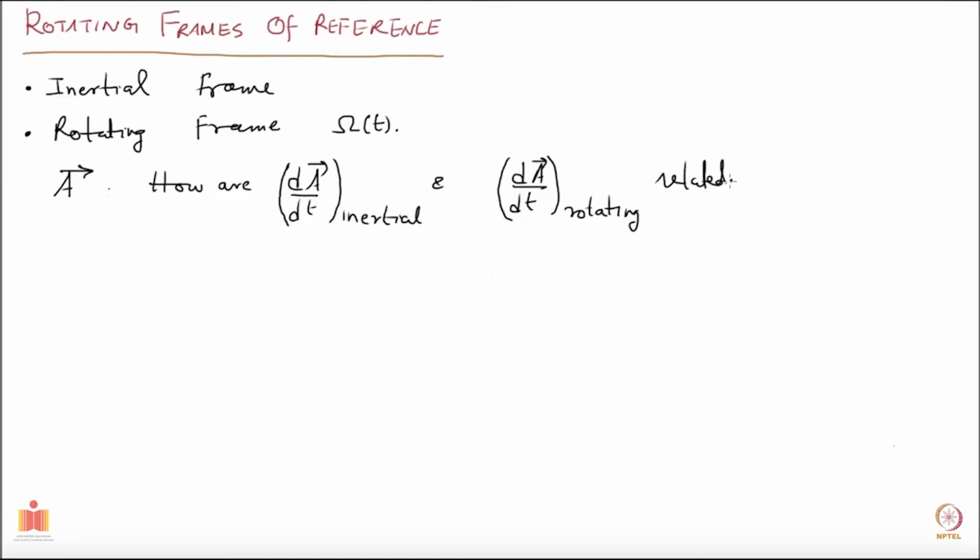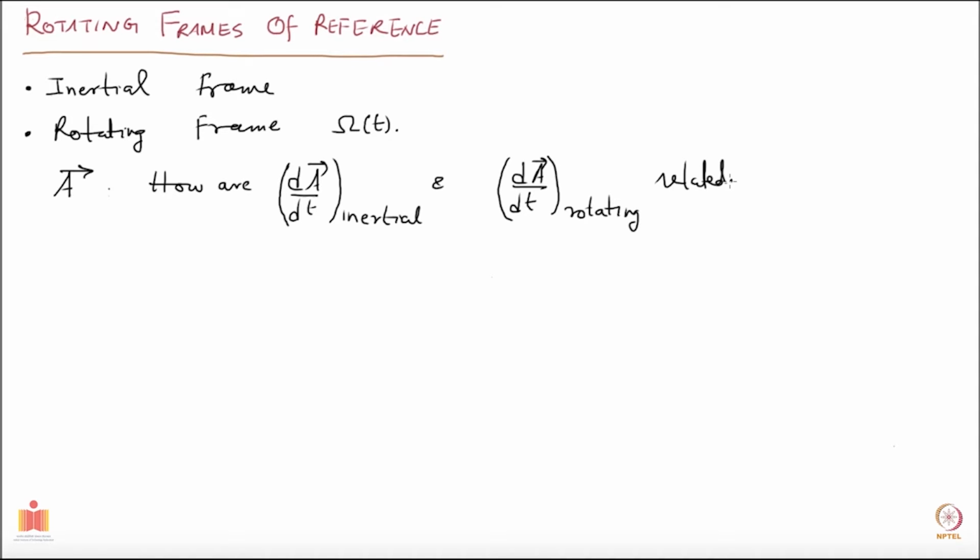Now how are we going to proceed with this? Whenever such questions arise, think of a prototype of a vector. What's the prototype of a vector? What's the basis on which vectors have been defined? The prototype is the position vector. Imagine a position vector of some point which is not changing with time in the rotating frame. If that vector is not changing with time in the rotating frame, it means dA over dt is 0.